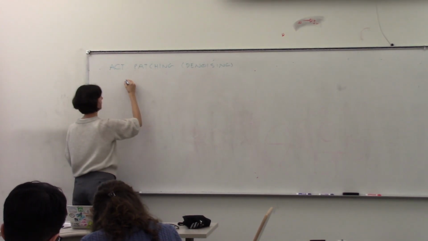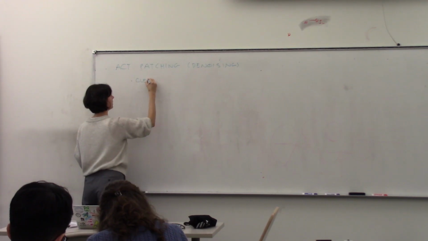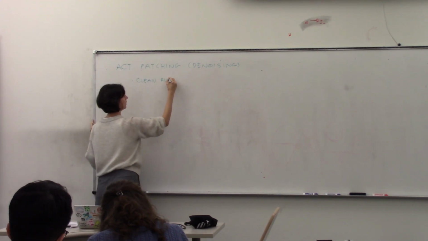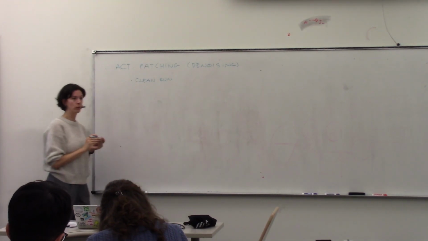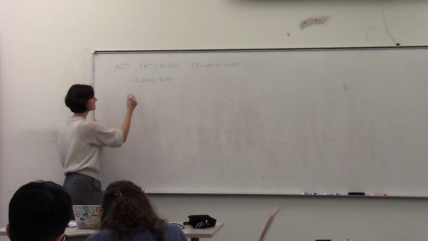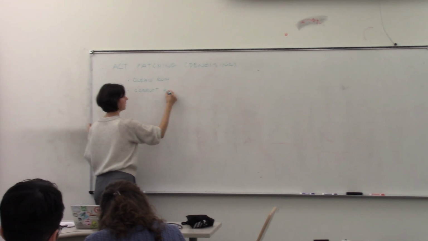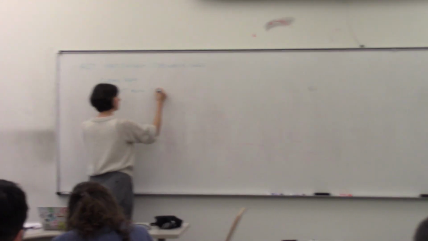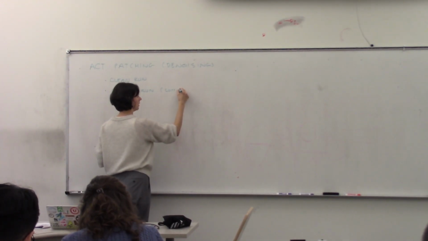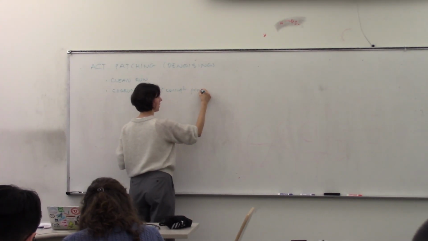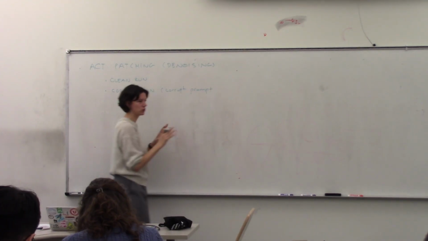We have a clean run, which can be with a fully clean prompt, clean embeddings. We have a corrupt run with either a corrupt prompt or corrupt embeddings, so we can change one or the other.